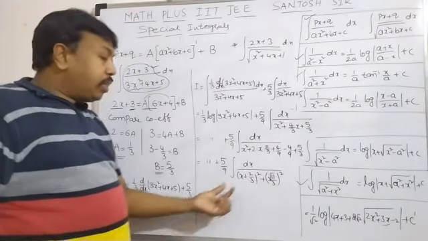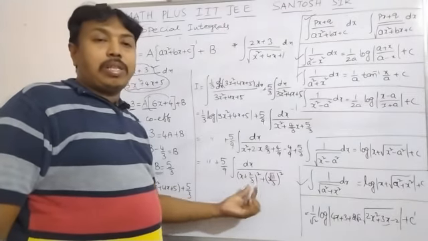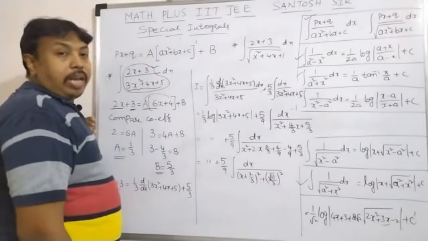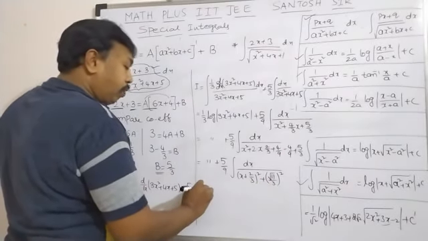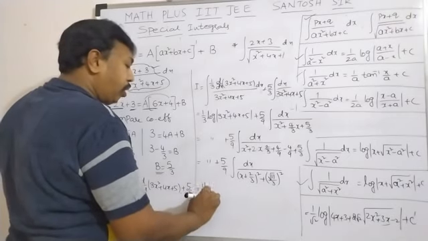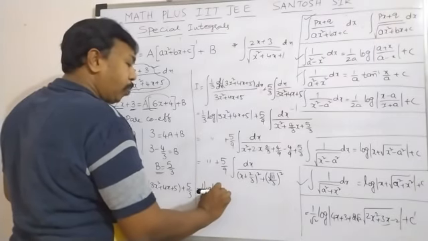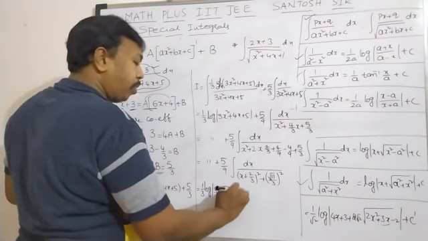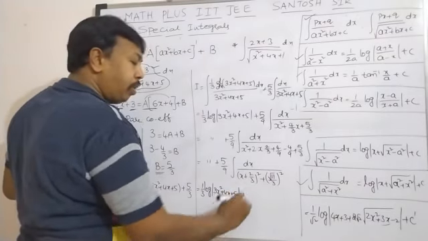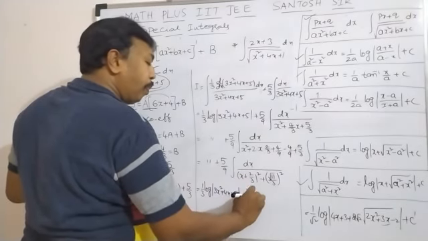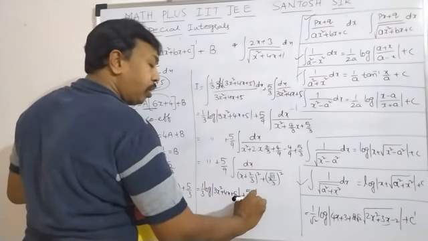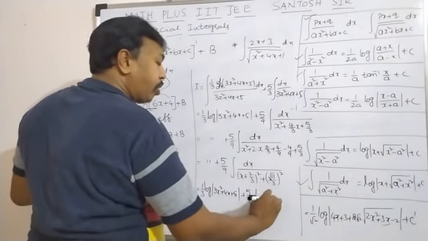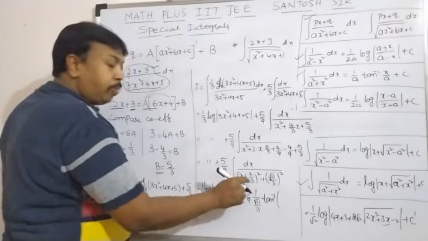Now see, it is in the form of a square plus x square. So integral of 1 upon (a square plus x square) is 1 upon a tan inverse x by a. So this is 1 upon 3 log modulus of 3x square plus 4x plus 5, plus 5 upon 9 into 1 upon a, that is 1 upon (root 11 by 3), into tan inverse of x by a, meaning (x plus 2 by 3).